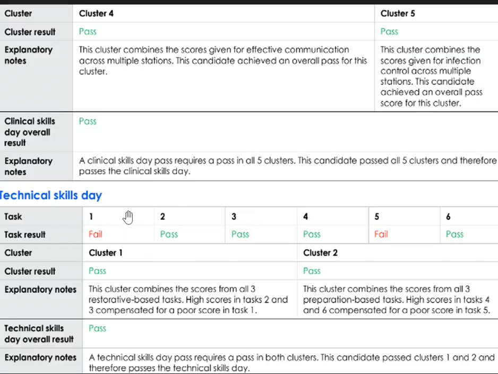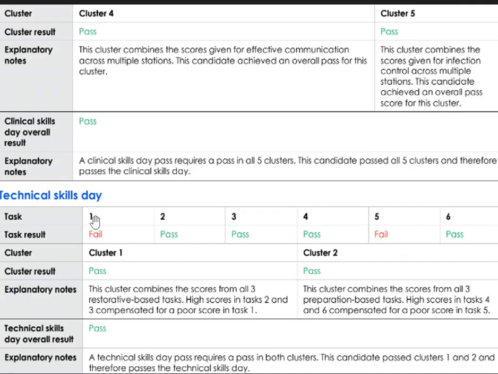Okay. Now the candidate failed the composite restoration, but he passed the amalgam restoration and the provisional crown restoration. But he didn't fail the composite restoration very badly. So the good score in the next 2 tasks, which are amalgam and provisional crown restoration, was good enough to compensate for the fail in the composite restoration.